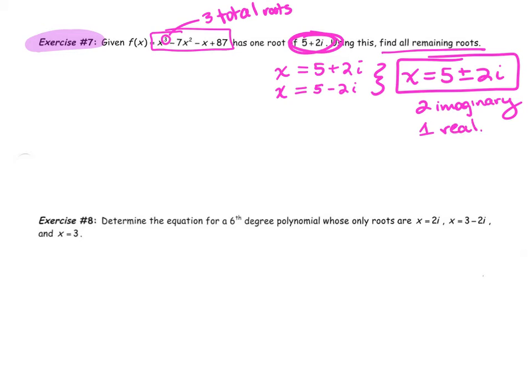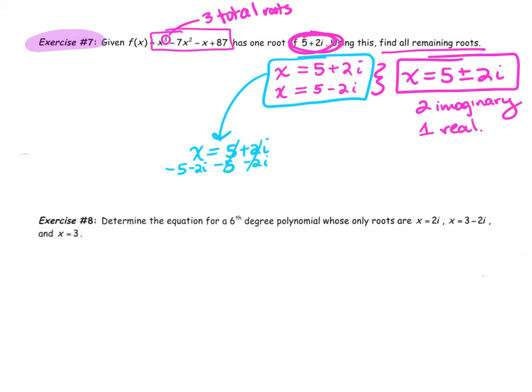So let's find it. The way that we start these off is I'm actually going to multiply the factors of these 2 roots. If I were to undo x equaling 5 plus 2i, subtract 5, subtract 2i, because I want the factors, right? I'm just undoing this.